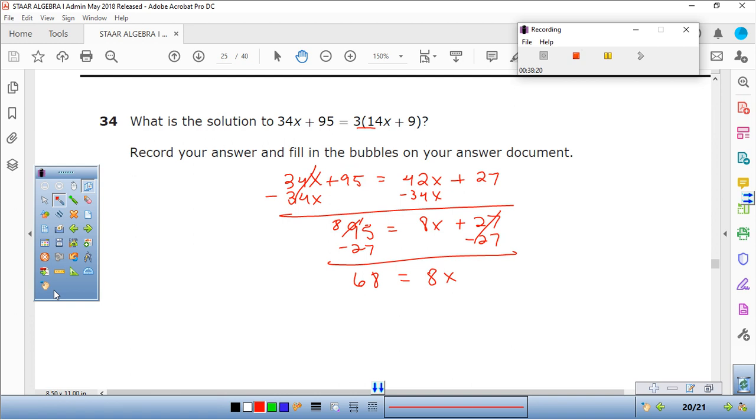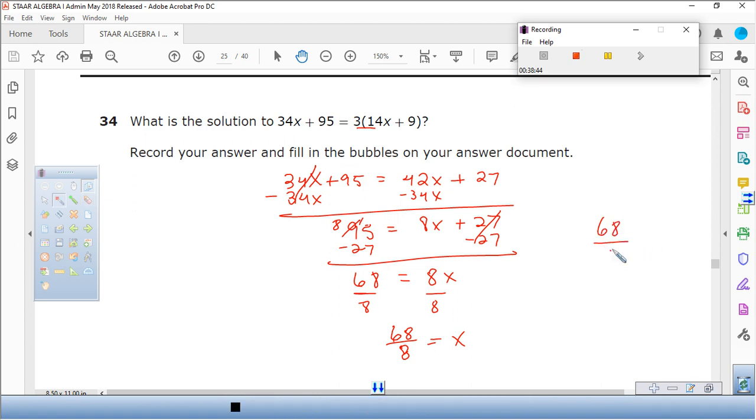Oh, yeah. Okay, what do I do now? Divide by 8. I'm going to go 68 divided by 8 is equal to x. 68 divided by 8 is not a good answer. I don't like that one.